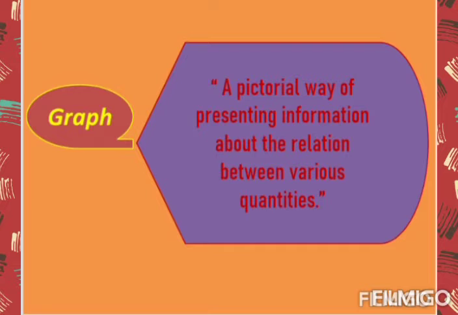Okay, the first question that arises in our mind is, what is a graph? So here is the definition of graph: a pictorial way, meaning the representation in the form of a picture, of presenting information about the relation between various quantities. Various quantities means different quantities.